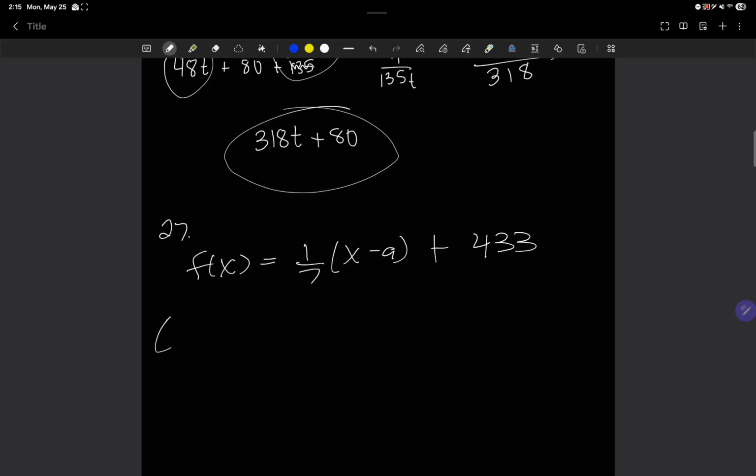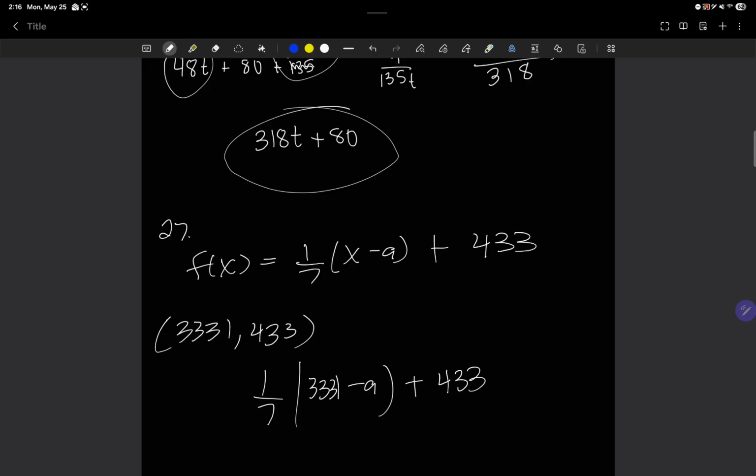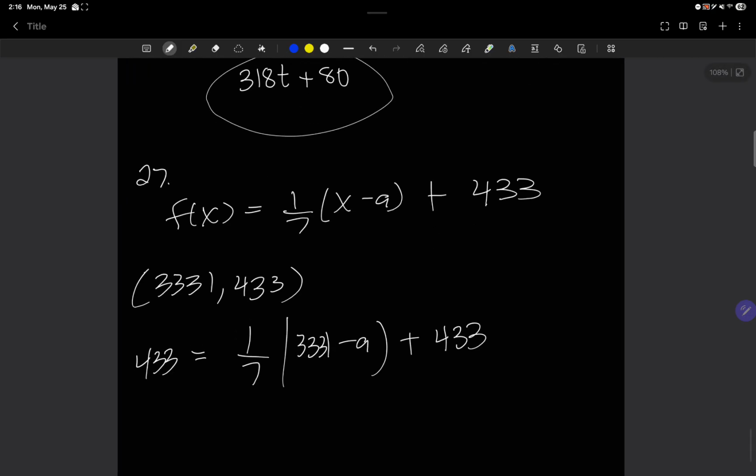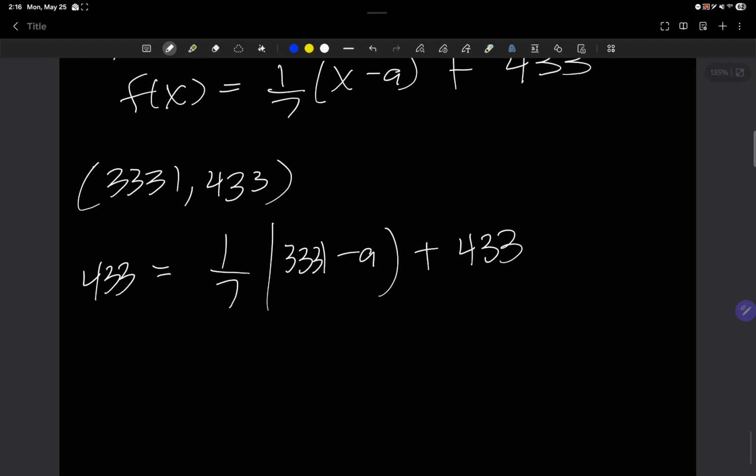Oh, okay, so I'm dumb. The units are different. This BHP is your y, and this was your domain, so that's your x. So it'd be 3331 minus a times the 1/7, has to equal the... Well, a would have to be 3,331.